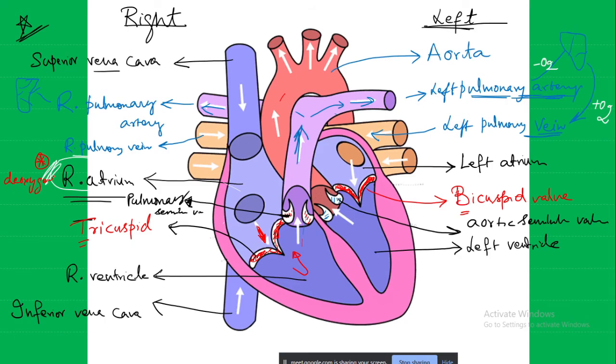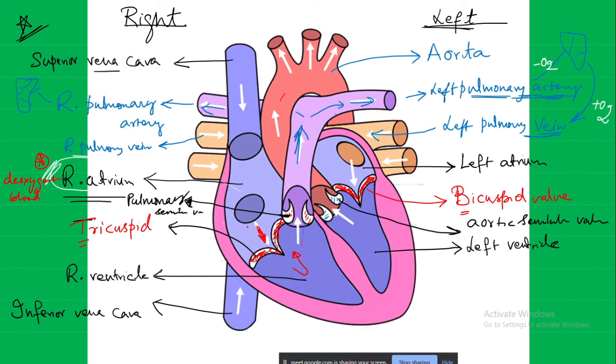Deoxygenated blood from any part of the body, including the heart, will enter into the right atrium, the receiving chamber.